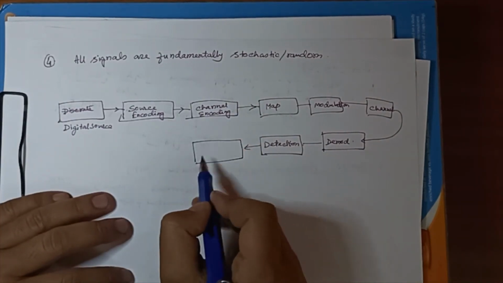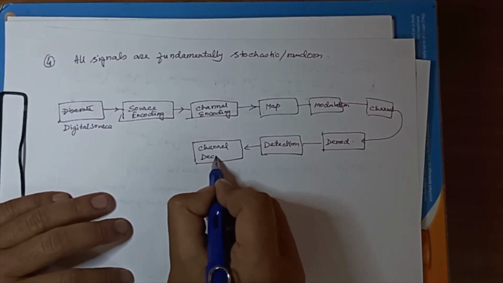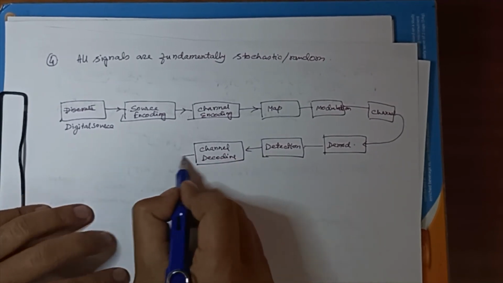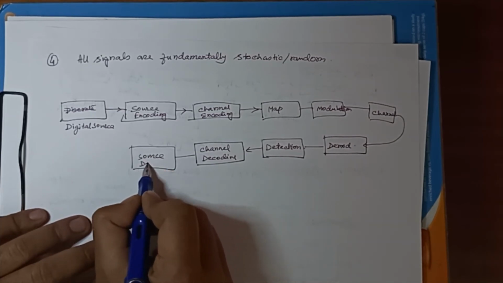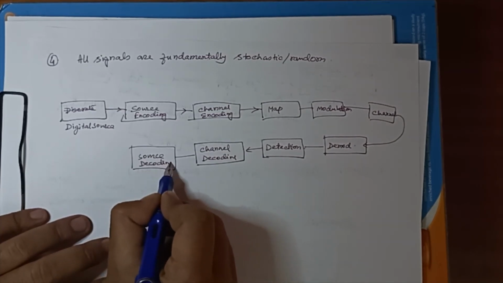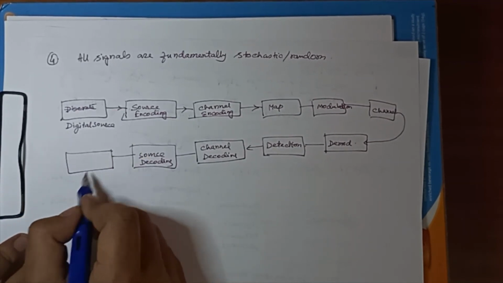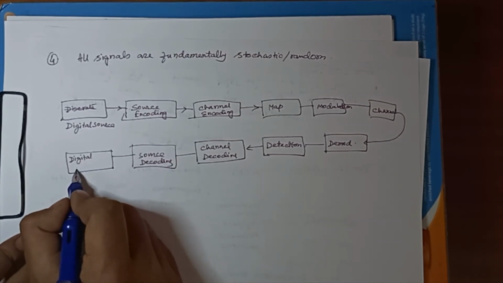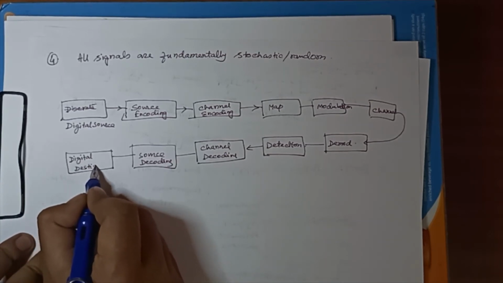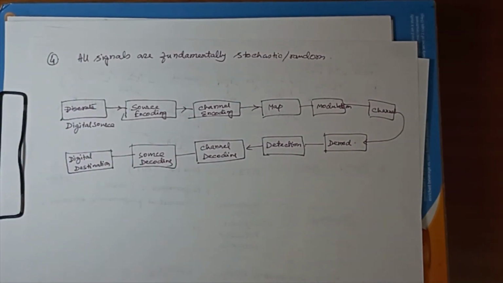Then you pass it through the channel decoding, and finally through the source decoding. Then you can store it in the digital domain, so I can write this as the digital destination, or you can further convert it to an analog signal for your usage.